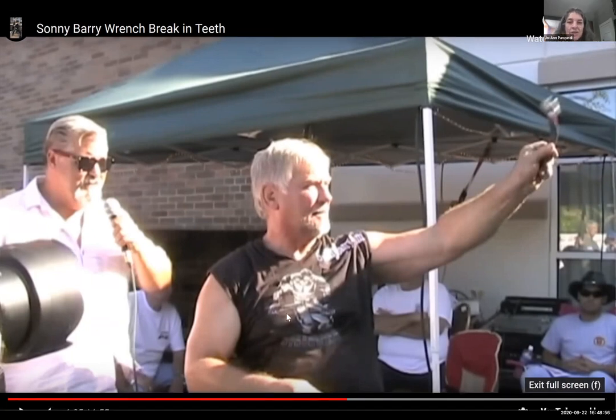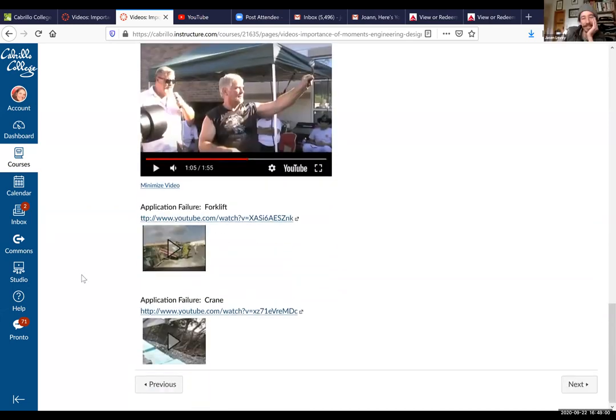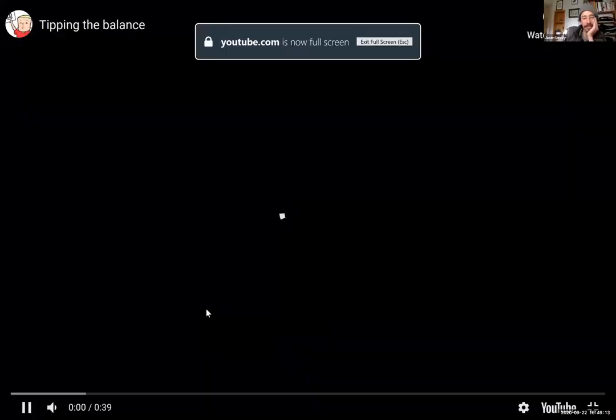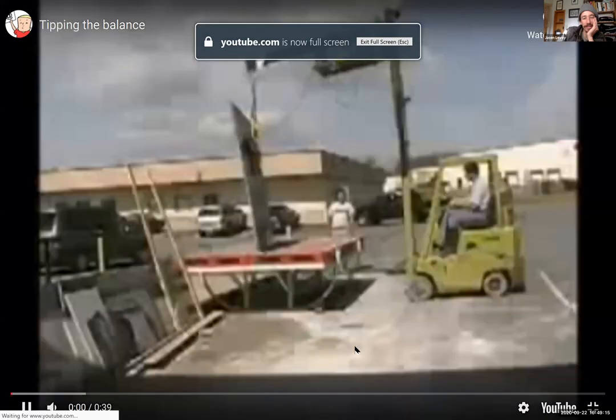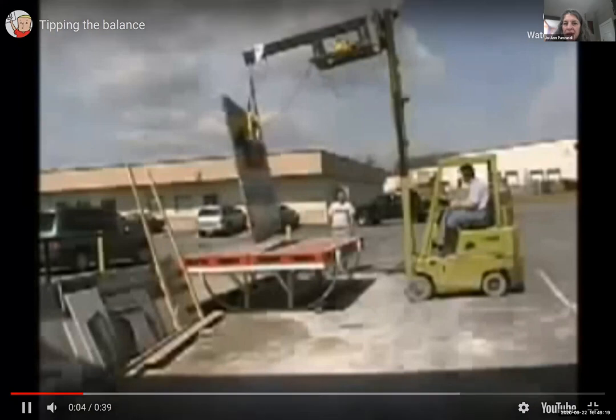No one's getting hurt, but these are two situations where there was a failure, but it's not a big failure, so don't worry. Okay, ready? So we have a forklift holding up a sheet of metal.